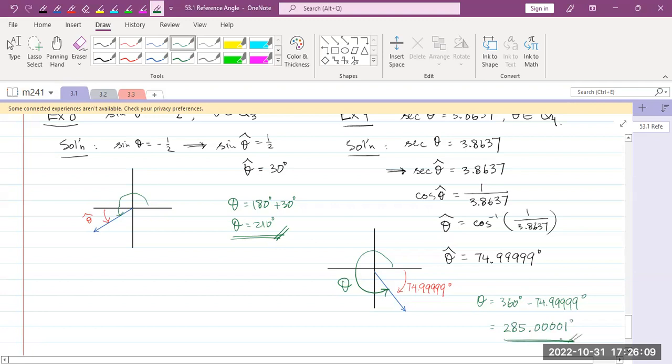I believe our textbook will just call this 285 degrees. Okay? But in my class, round to 5 decimal places.